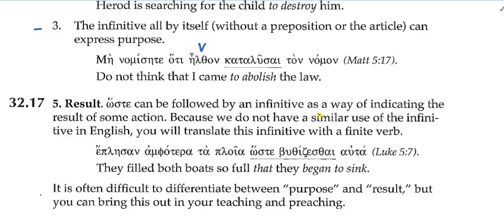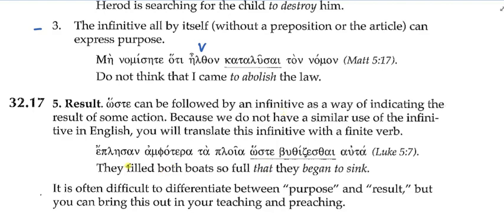But when an infinitive is described as merely a result infinitive, the only way you can really label it that is if you conceive of it as an unintended result. And here's an example, okay? Well, let me just state it. The construction, you will see the conjunction hoste followed by an infinitive, and that together will indicate the result of the main action.